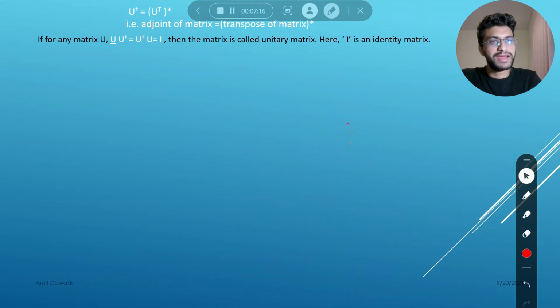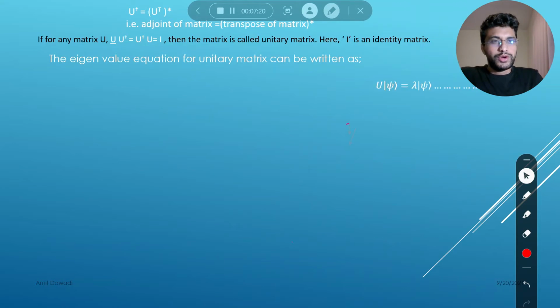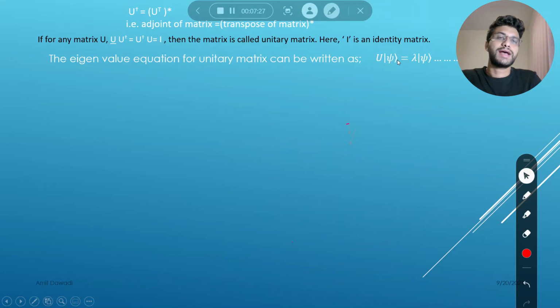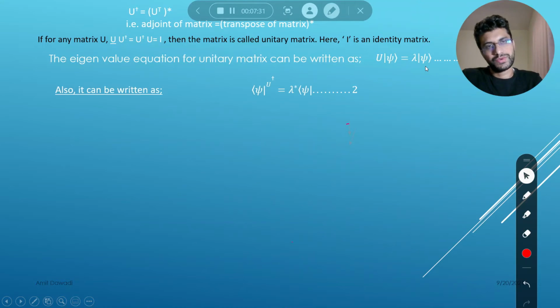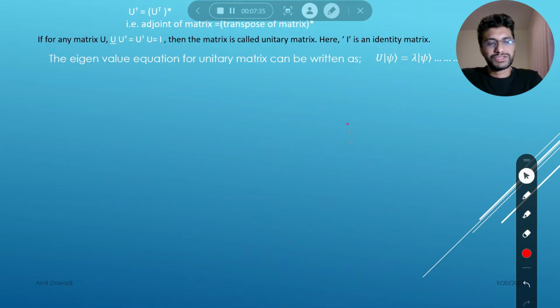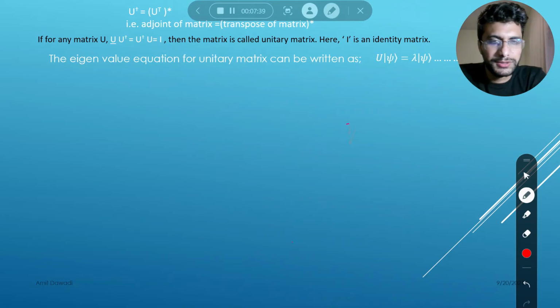For example, I'm going to write the eigenvalue equation for that unitary matrix U. U psi equals lambda psi, where psi is its eigenket and lambda is its eigenvalue. This is equation 1.